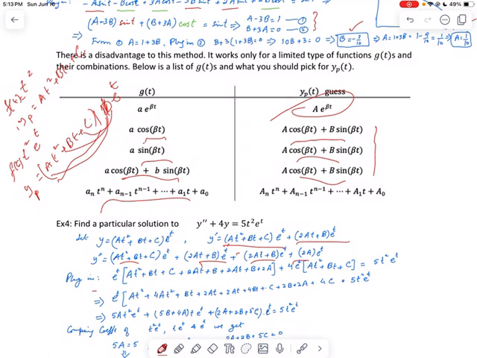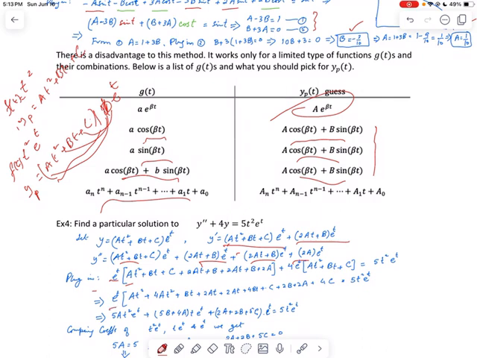Then combine the terms such that you can compare the coefficients. So I am trying to combine the terms, since e to the t is with every term. That's why I have it factored out here. And then I am writing all the terms which are left.